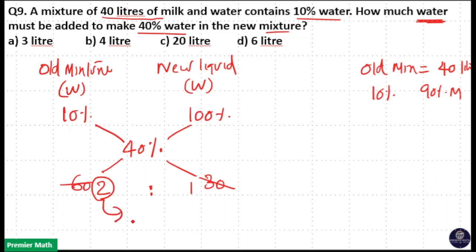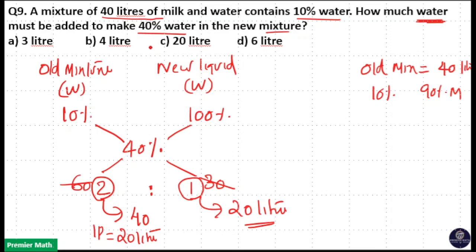Here 2 parts is equal to 40 liters because it is the old mixture. Never add 2 plus 1, because this is the new liquid and this is the old mixture. So 1 part is equal to 40 by 2, 20 liters. That means the new liquid added is 1 part, equal to 20 liters.